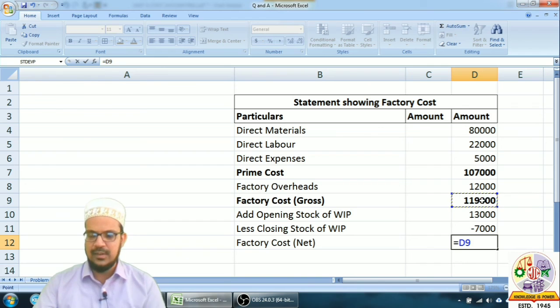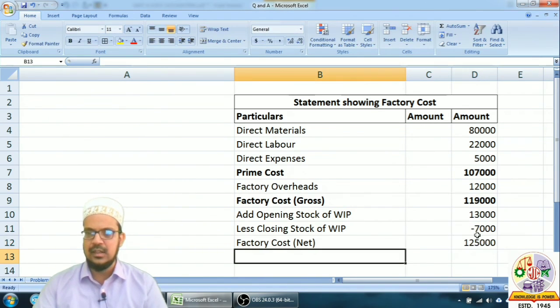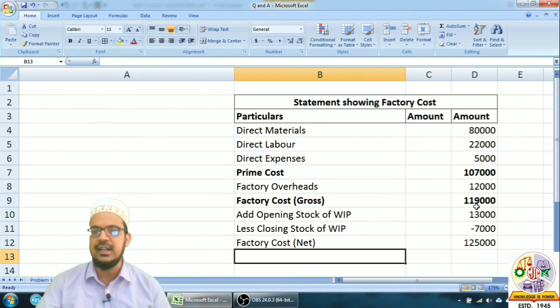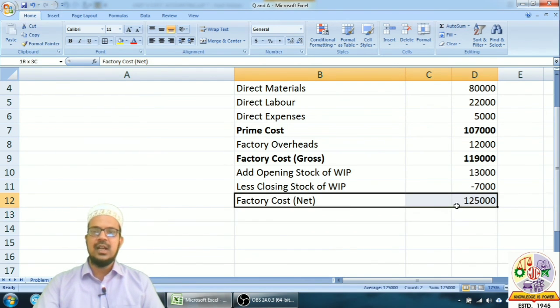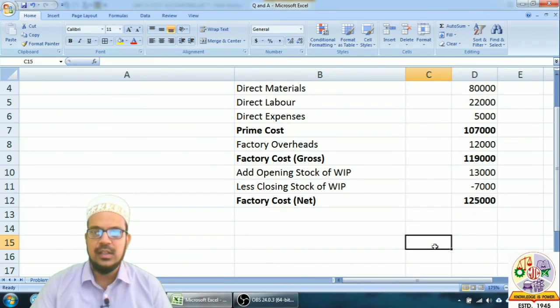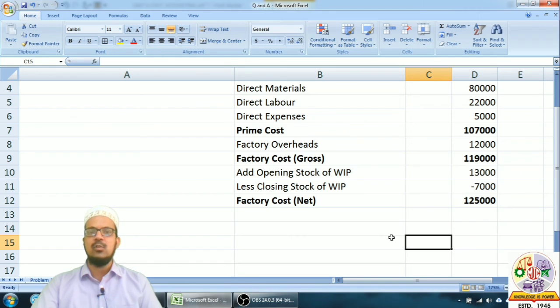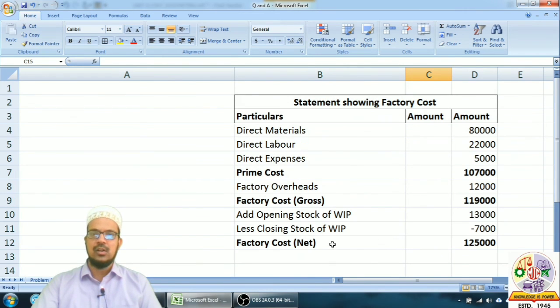We will take this figure, we will add and less these figures, 1,19,000 plus 13,000 minus 7,000, and we get the amount 1,25,000, and this is the final value of factory cost. This brings us to the end of problem number 3.